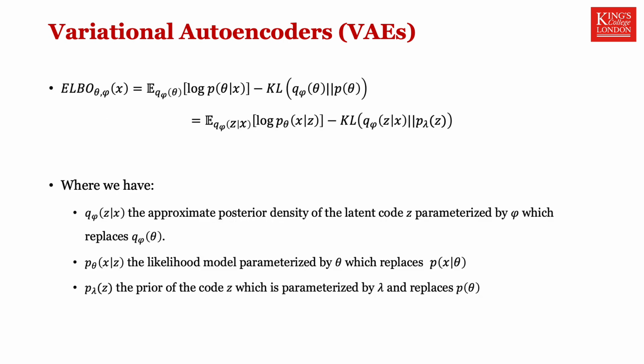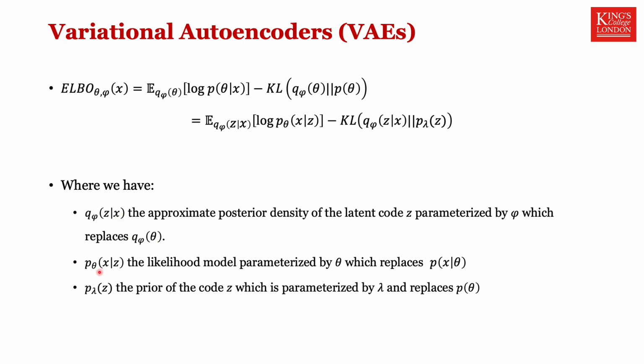So if we rewrite the equation that you have above so that it fits our settings, a few things have changed and you see them here. The first term here is q of z given x, which is the approximate posterior density of this latent code z, parameterized by these parameters phi, and this replaces the q of theta that you've seen before.